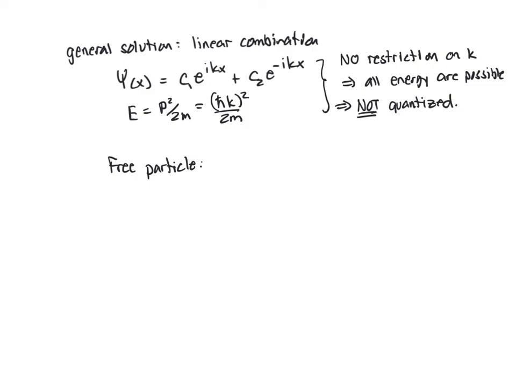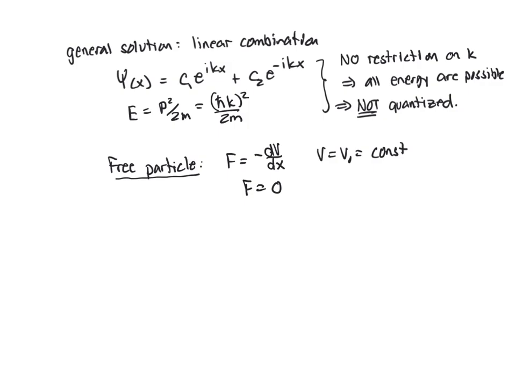How do I know it's a free particle? Well, the force acting on the particle is minus the derivative of the potential with respect to x. And if the potential is constant, then the force is 0. So if there are no forces acting on the particle, that's what we call a free particle. There are no forces acting on it.